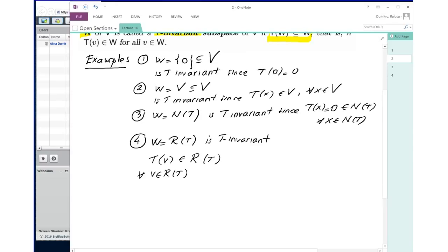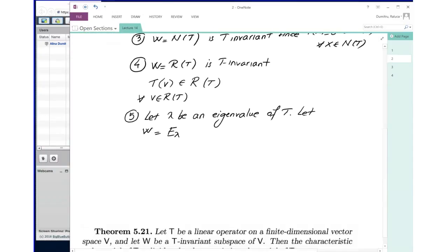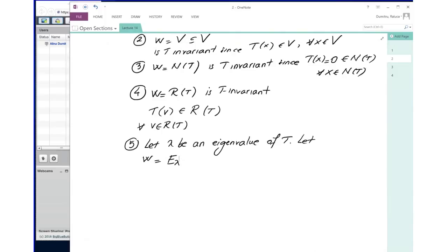Okay. Let's say that lambda is an eigenvalue of T. And let W be the eigenspace corresponding to lambda, E lambda. This is the invariant.